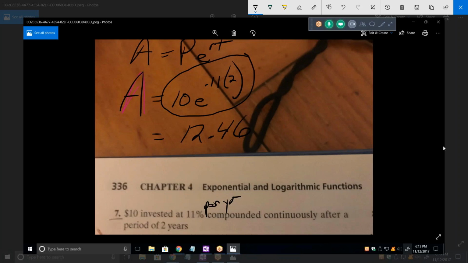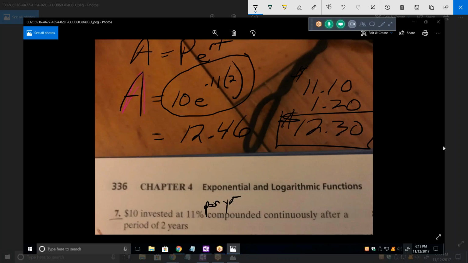Now, if you took $10 and put it into a bank and compounded it at 11% annually, you'd have $1.10 profit. So at the end of 1 year, you'd have $11.10. And then you're going to get slightly more the next year, maybe $1.20. So at the end of that, you'd have $12.30. So we're definitely in the ballpark.